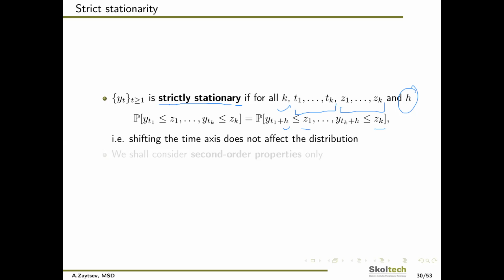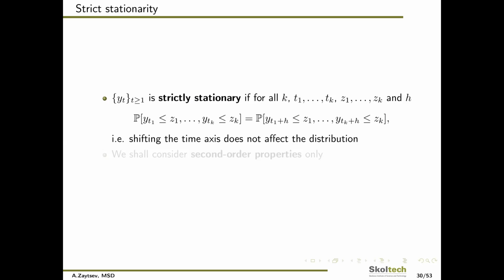So basically, if we consider behavior here and behavior here in the future, then we can use the same probabilistic model. It's kind of a strong assumption. And if we have a linear trend, for example, we don't have stationarity because we have the shift in mean value here, and so we don't have this equality for the probability distributions. But in many cases, for example for white noise, we can say it's stationary.